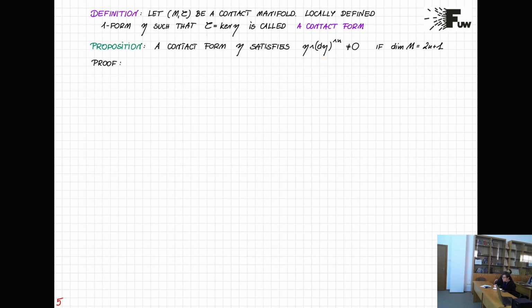And you can immediately see why in the Möbius strip example we were not able to provide a global contact form, because look. We have d eta, which is a two form, with external power n. This part is a 2n form multiplied by eta.